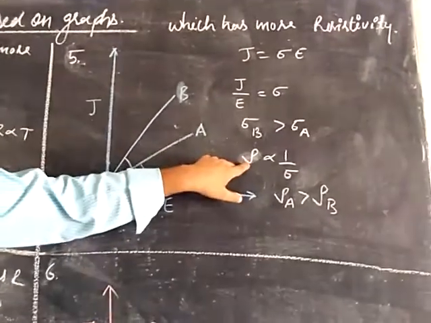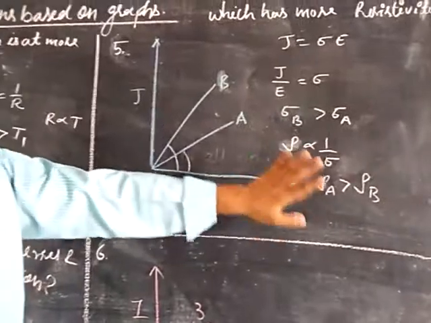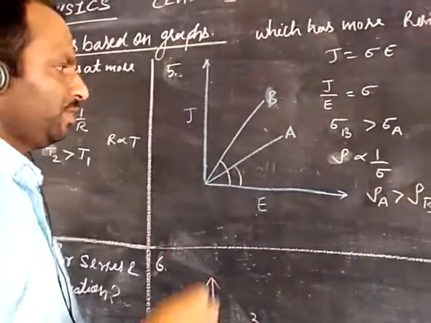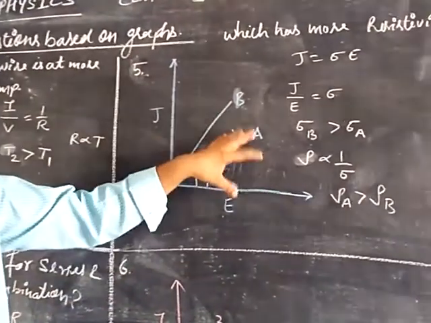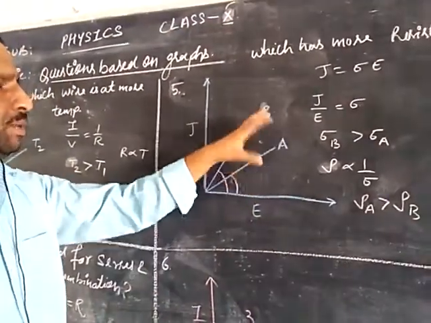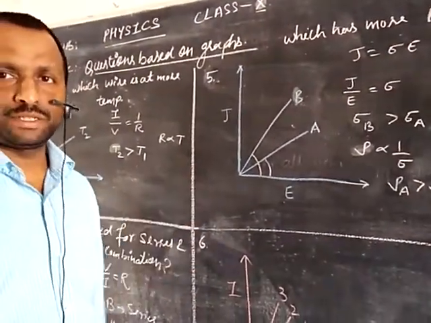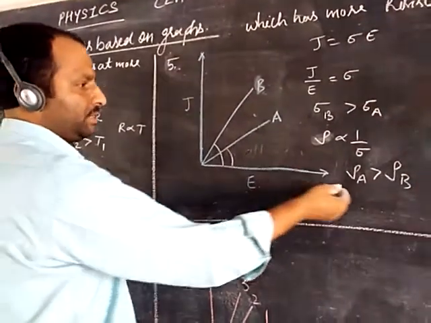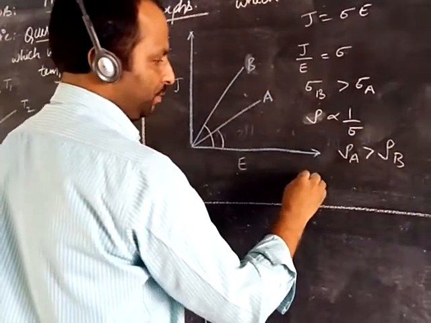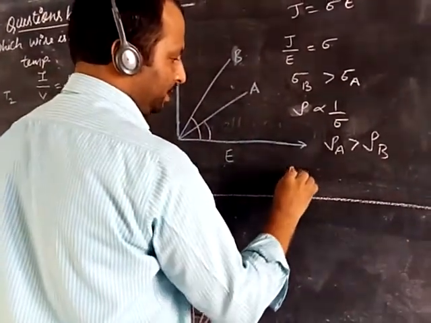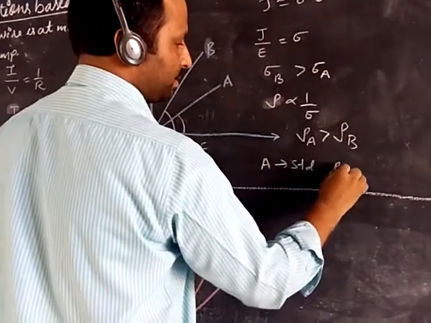So resistivity of A is greater than resistivity of B. This question can be asked in another way also: the graph is plotted and they will ask that A and B are two wires, which among these wires will be used in making the standard resistor? As we know that resistivity of A is more than resistivity of B, therefore wire A is used in making the standard resistor.